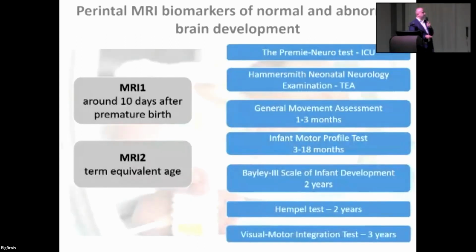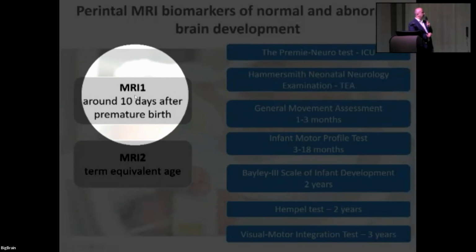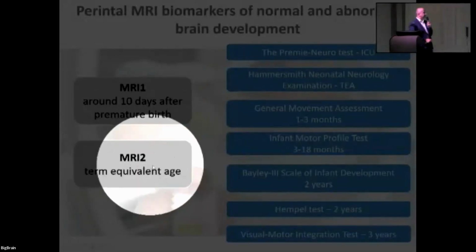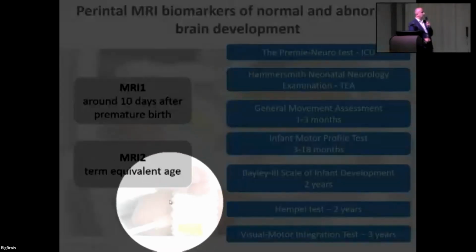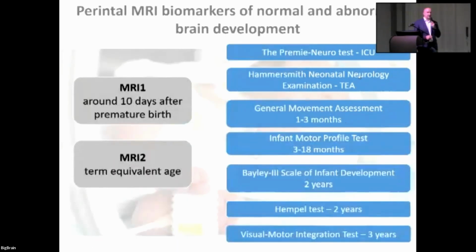So our idea is to take 2 MRI exams, the first immediately after the premature birth, and the second one at term equivalent age, and also to combine these findings with a set of pediatric testing starting immediately after birth up to the third year of age.